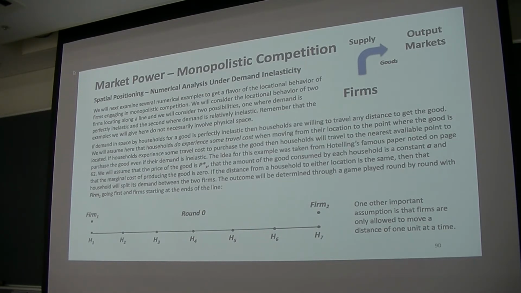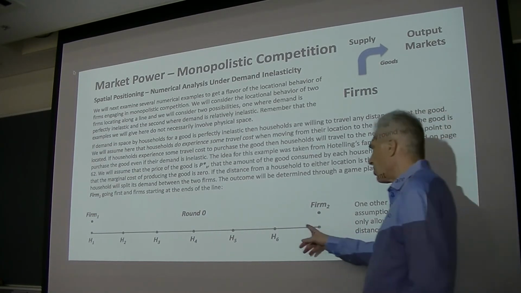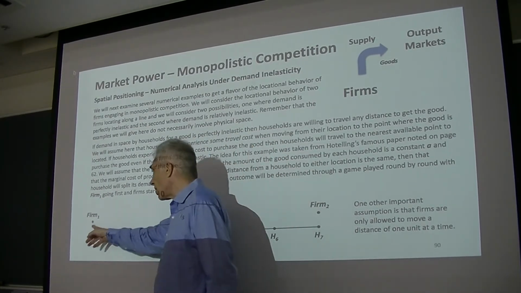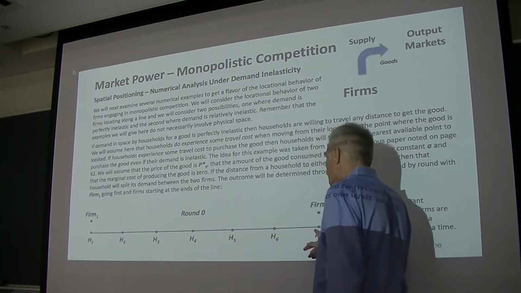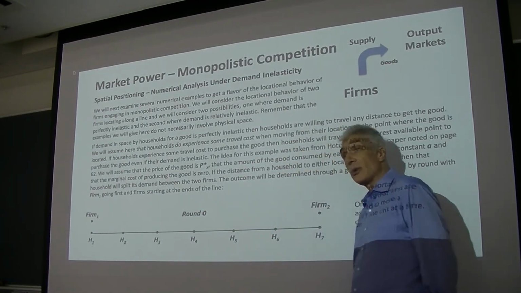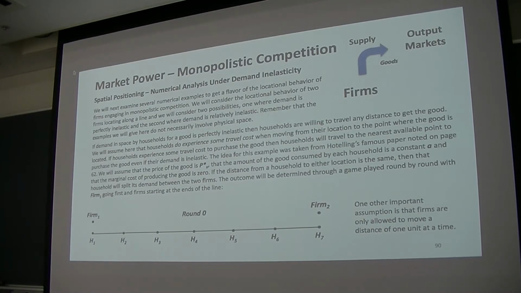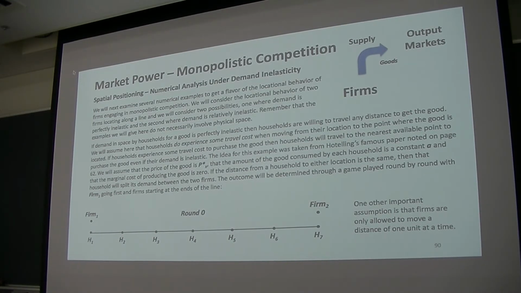In other words, there's a cost to go from one place to the next, but it's the same whether they go from here to here or from here to here. So their demand is inelastic, but there is some cost.